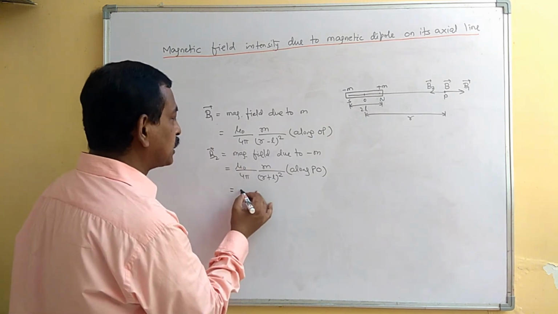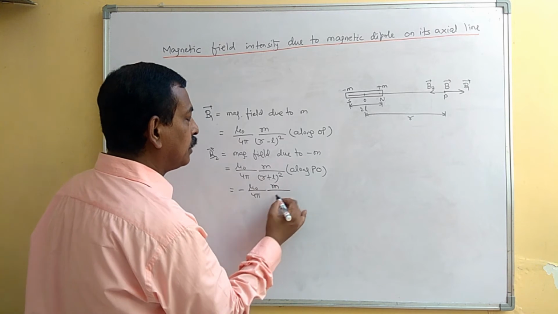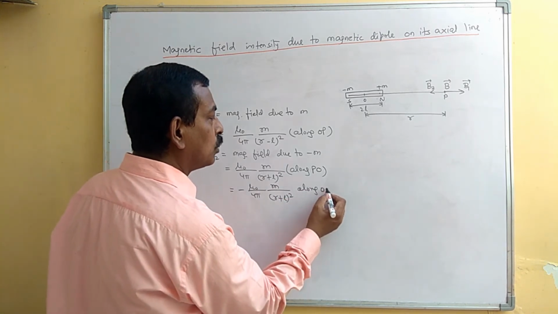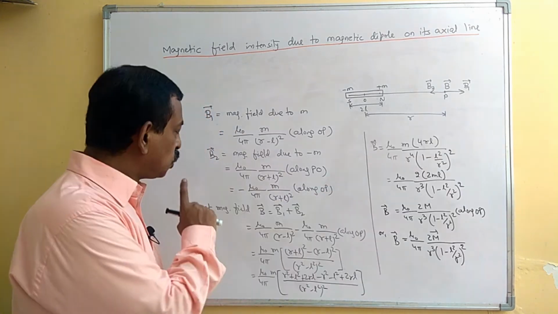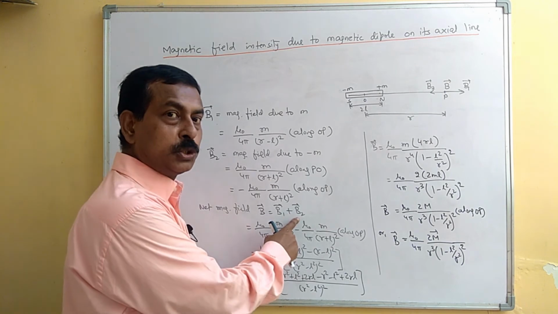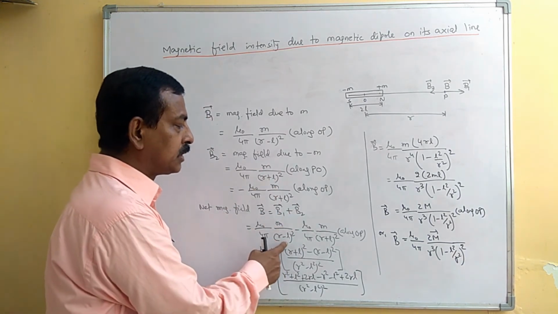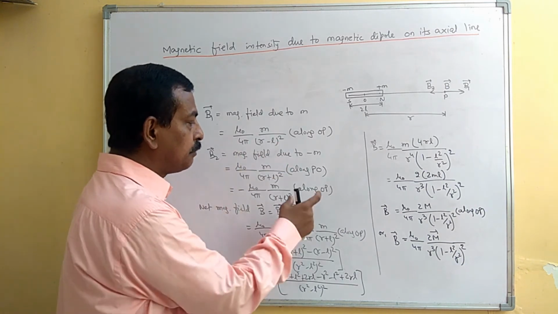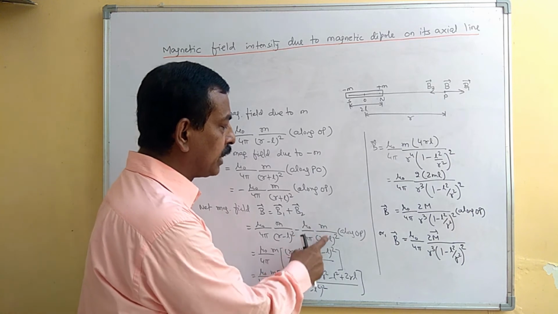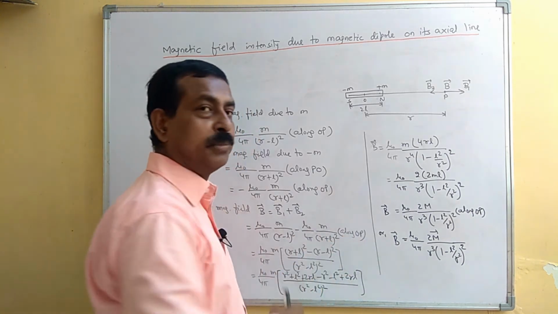So in that case it can be written as minus mu naught by 4 pi m by (r plus L) whole square, and this is along OP. The net magnetic field will be B1 plus B2, which is mu naught by 4 pi m by (r minus L) whole square for B1, and for B2 it is minus mu naught by 4 pi m by (r plus L) whole square along OP.